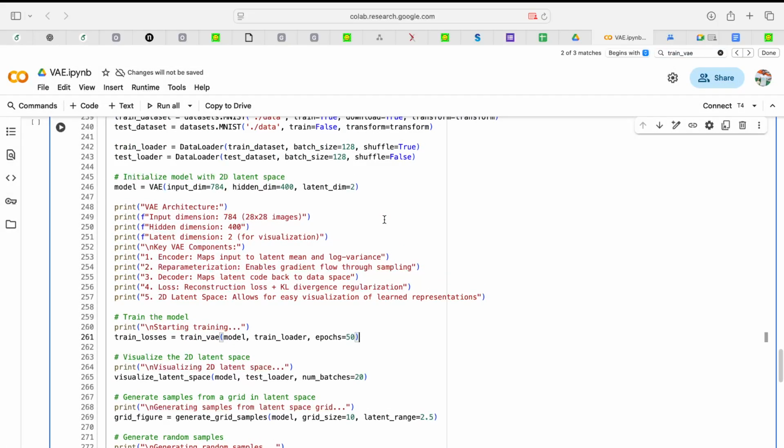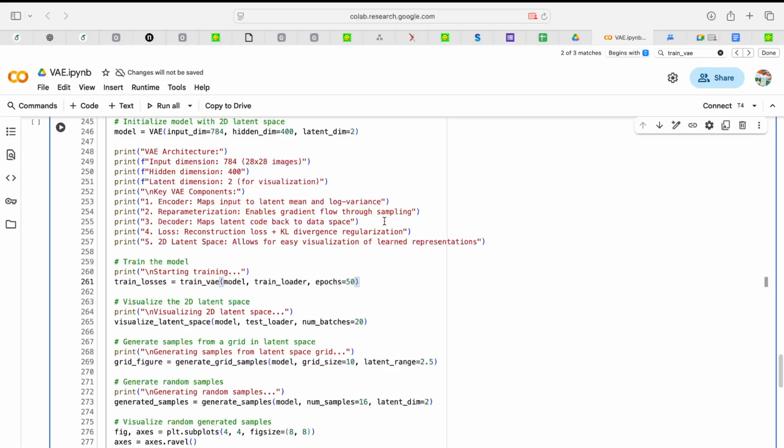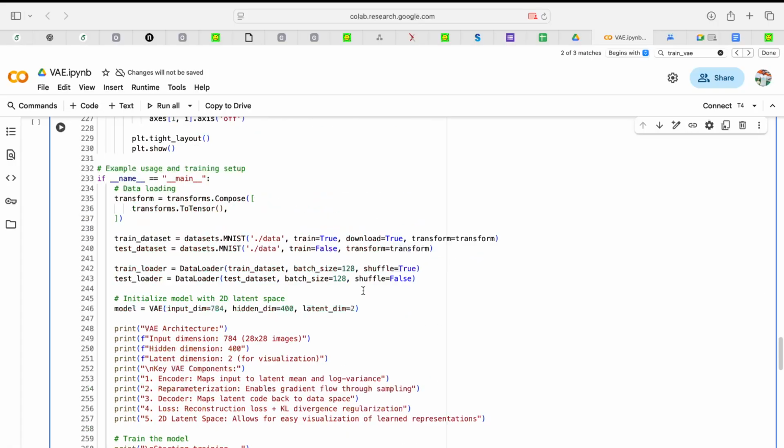First they define the model like this, even more reducing the latent dimension here. I don't know if that is a good idea. And now you call train VAE, which puts the model there, which is the VAE model here.